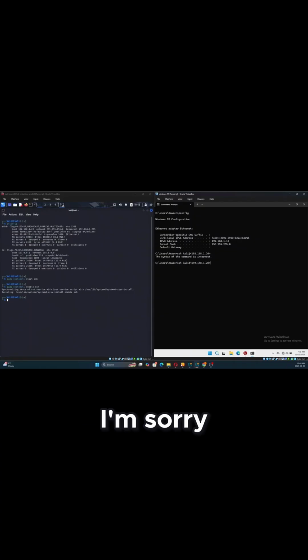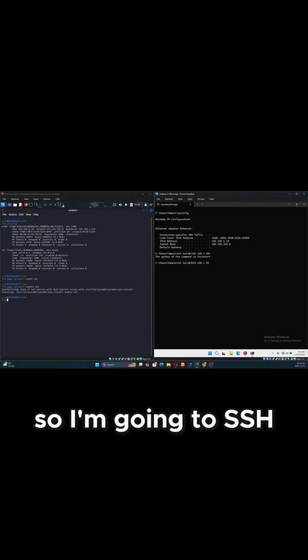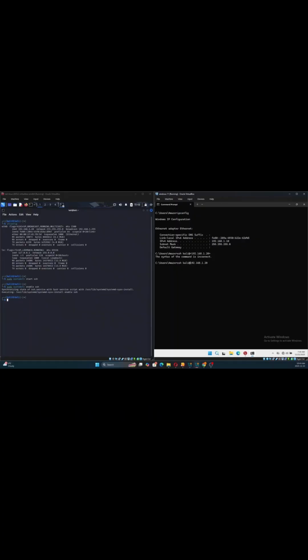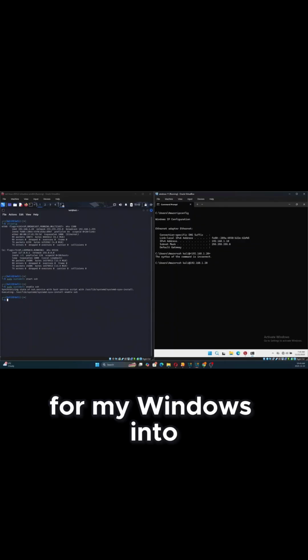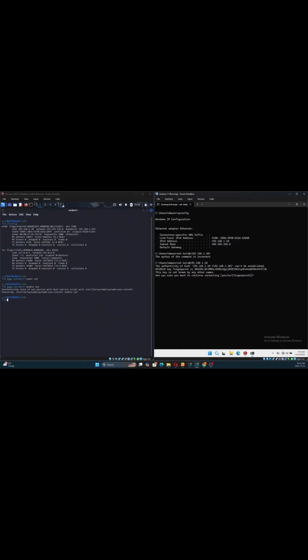Oh, sorry, I'm supposed to remove this text here. So I'm going to SSH from my Windows into the IP address.